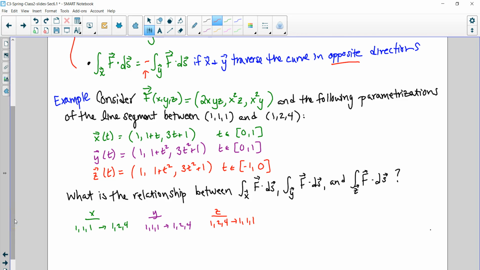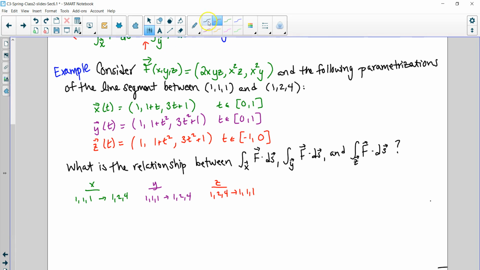Even without calculating, I can tell you that the vector line integral over x is going to be equal to the vector line integral over y, but this is going to be the negative, the opposite sign, of the vector line integral over z.